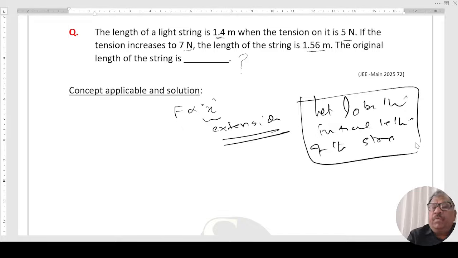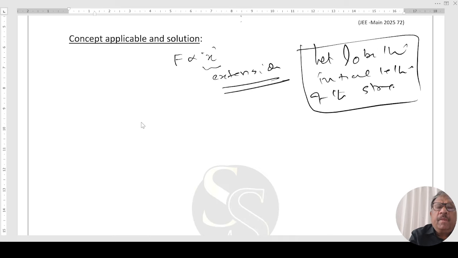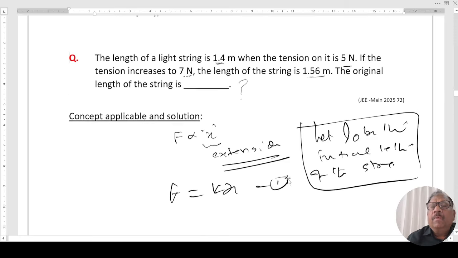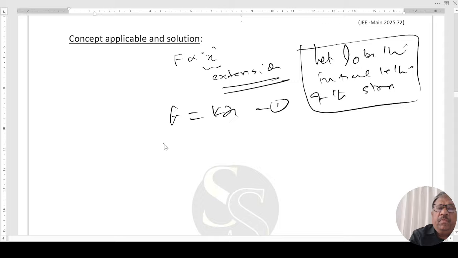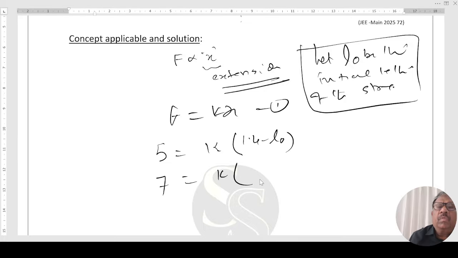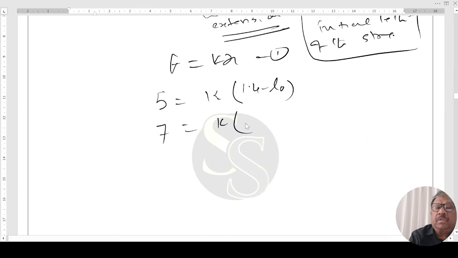Then length is 1.4, the extension in the first case, F equal to kx, k is a spring constant, 5 and 7, 5 equal to k times the extension, which is 1.4 minus initial length, and 7 equal to k times 1.56 minus L naught.